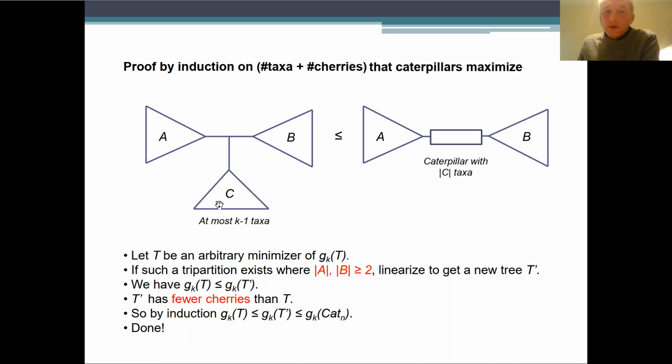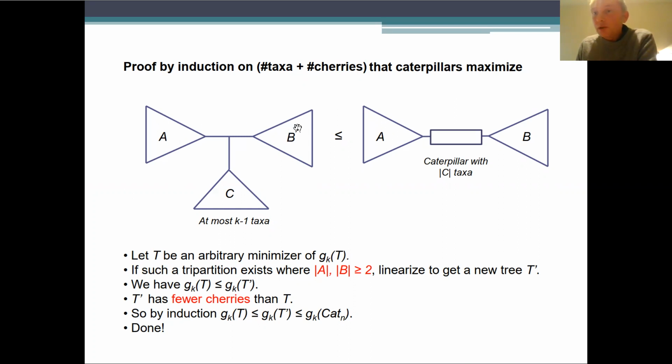Then this linearization is good because the new tree T prime after linearizing will have this relationship to the original tree. We already said, unconditional of the induction, the original tree is less than or equal to the new tree. The good news is, under these circumstances, the number of cherries drops by at least 1. It drops by at least 1 because A and B both have at least 2 leaves.